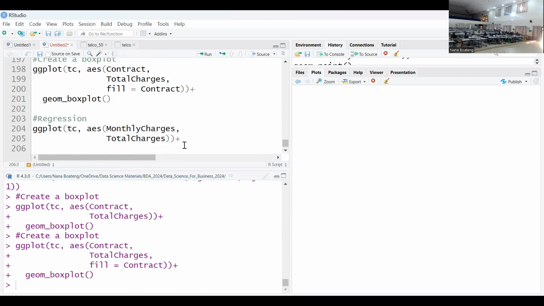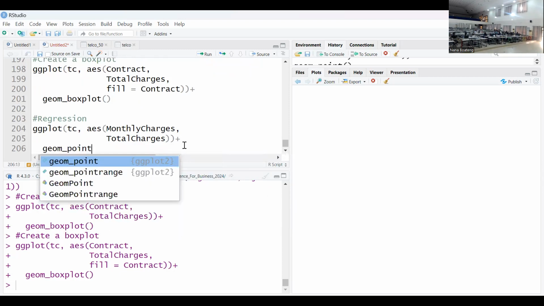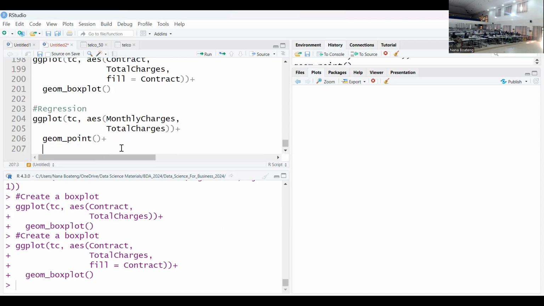Okay. So geom point, yeah. Geom point is one layer. Okay, so this one will create a typical scatter plot. Then let's add another layer to it. That will give us the regression line. Okay, so we add another geom.